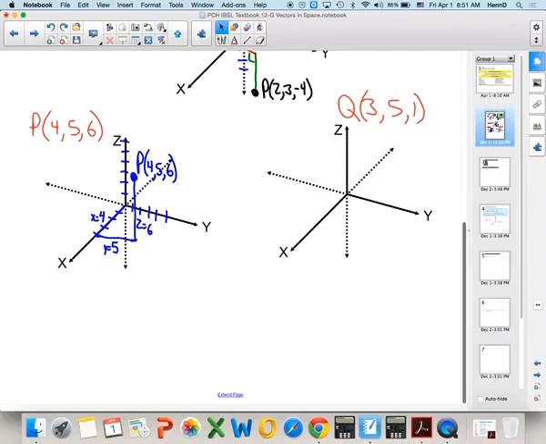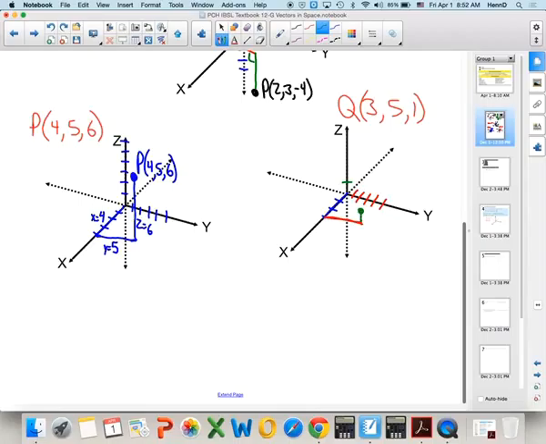So if I'm graphing 3, 5, 1, I go 1, 2, 3 units this way, then 1, 2, 3, 4, 5 units on the Y, so that puts me about there. So I've come over 5 units on the Y, and then for my Z, I'm going up 1, which puts me about there.